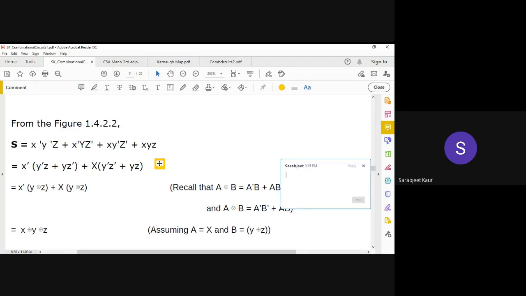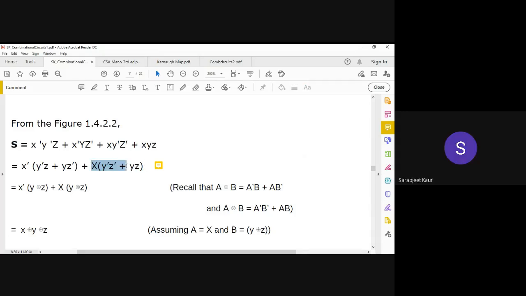I'll have A' B or A B'. What is this? Isn't this y XNOR z?